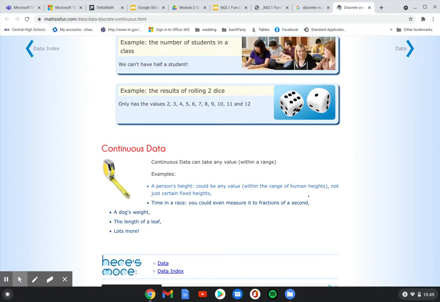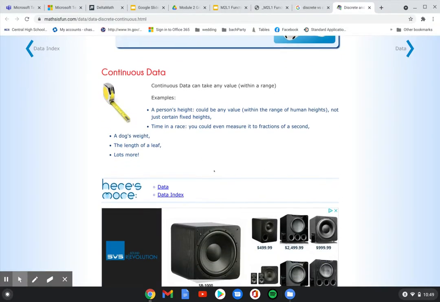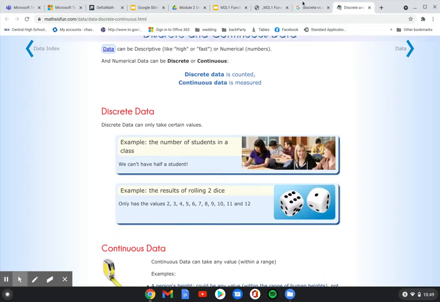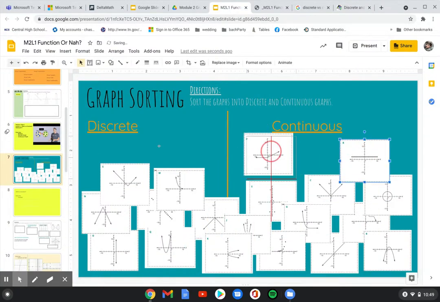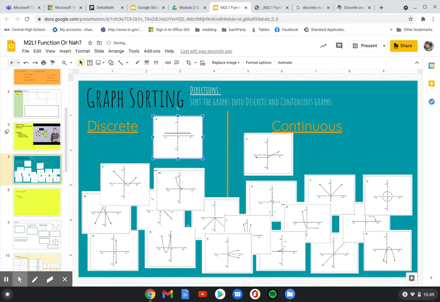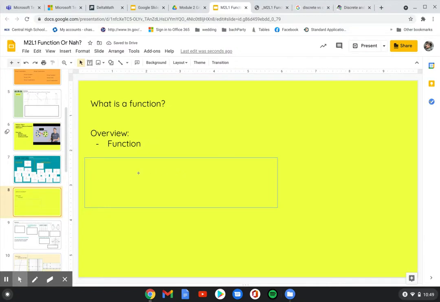But continuous, you can have all of those in between 2 and 12. So if we look back at our thing here, this would be continuous. This would be discrete. So you can kind of go off of that.